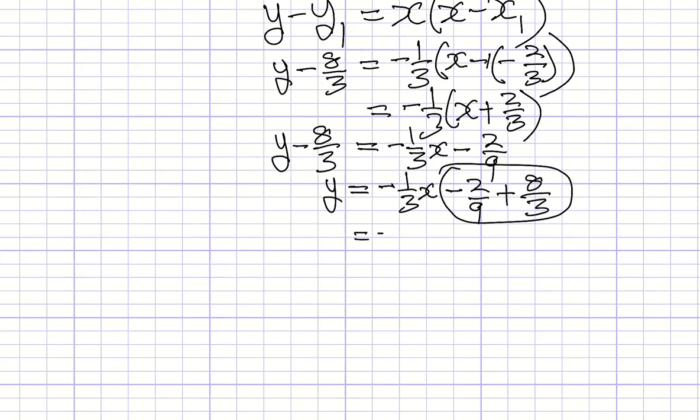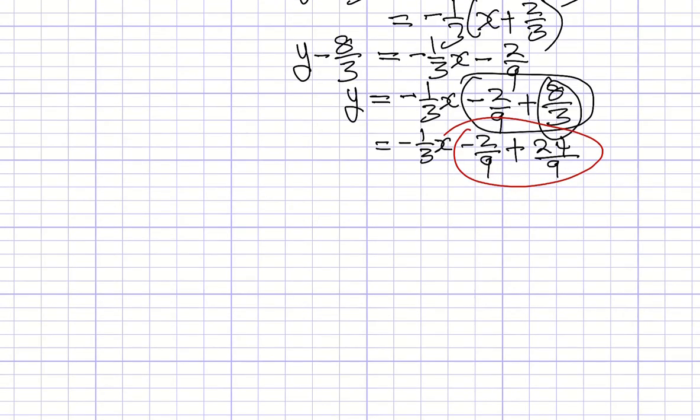So you multiply both numerator and denominator by 3 to get 9 in the denominator, so you get 24 over 9. And then we'll have to add these two. All right, so we keep going.